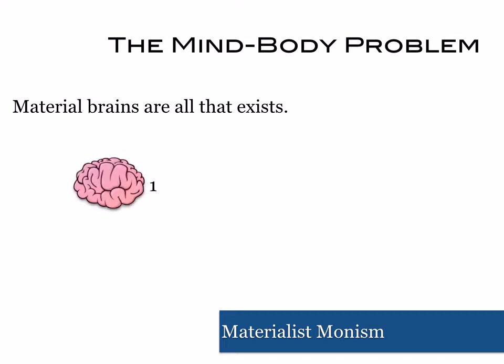So right now, the thoughts that you have, as you're watching this lecture, really reduce to your brain. You have brain state 1 right now, and that brain state 1 is producing the sensations that you call thought.